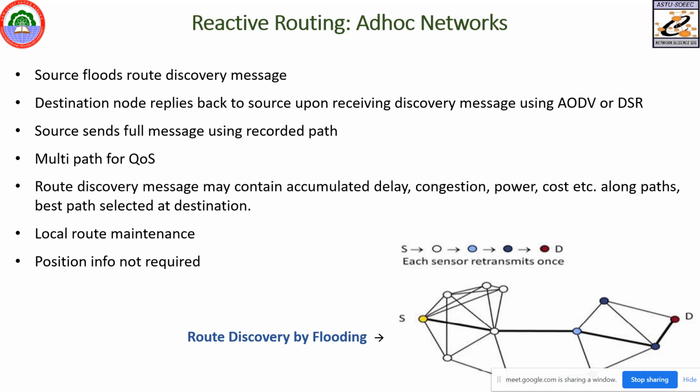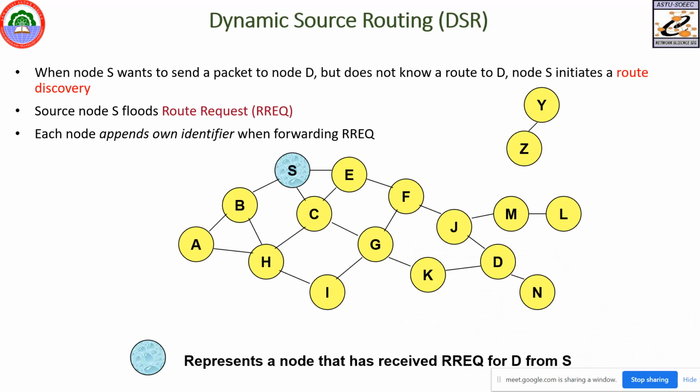So let us have a short look at how the DSR and AODV protocols work. I'm not explaining in detail, we can simply observe from the slides how the request is transmitted from source to destination, how the reply comes back from destination to source, and how the data is transmitted.